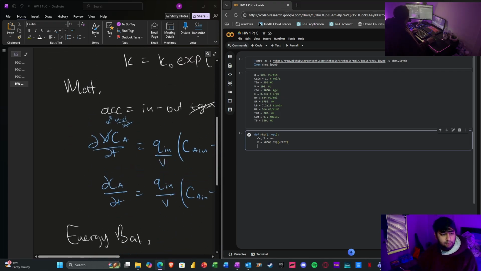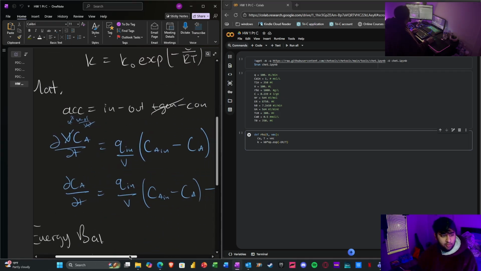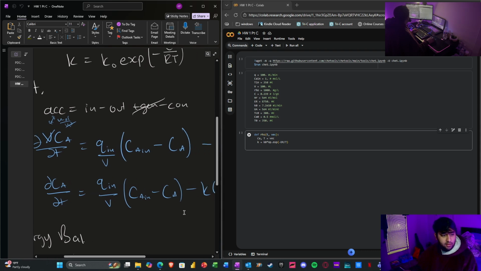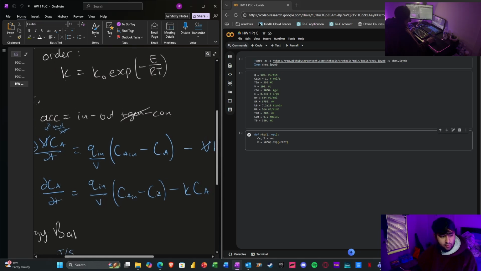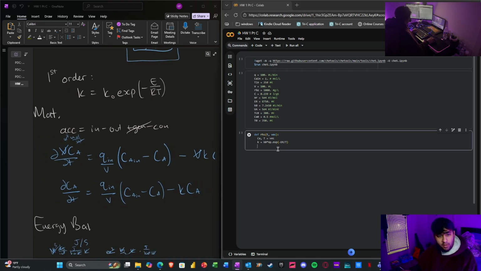And then we're gonna write down our material balance, which is this whole equation right there. Let me zoom out a little so we can see it.